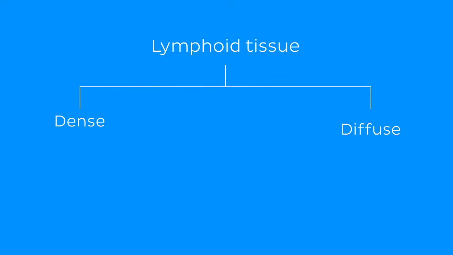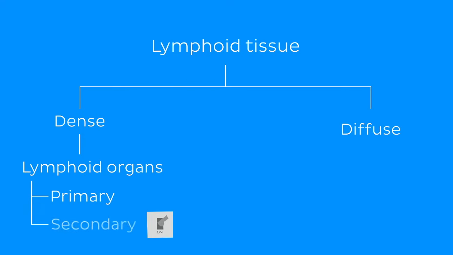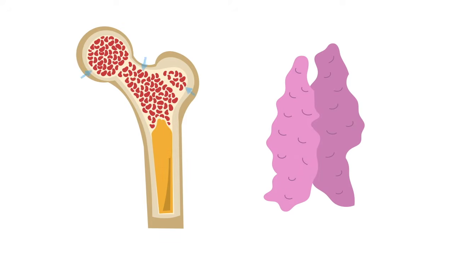This dense tissue is mainly found in the form of lymphoid organs. These are subdivided into primary lymphoid organs, where lymphocytes are produced and mature, while secondary lymphoid organs are where lymphocytes are activated. Now from this list, we're going to start with the terminology associated with the primary lymphoid organs.